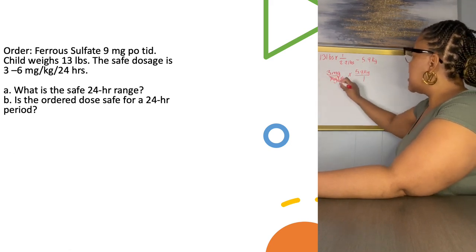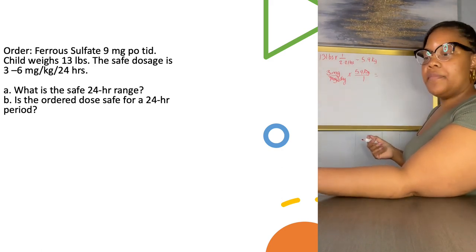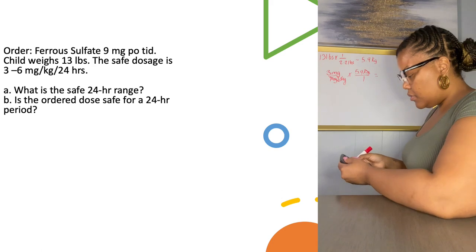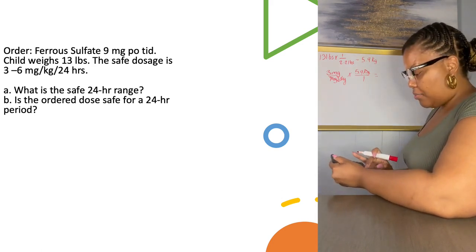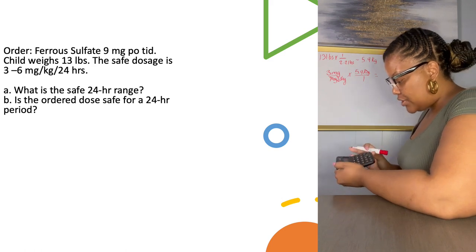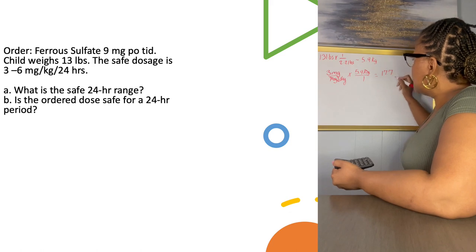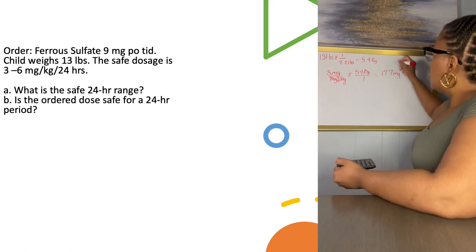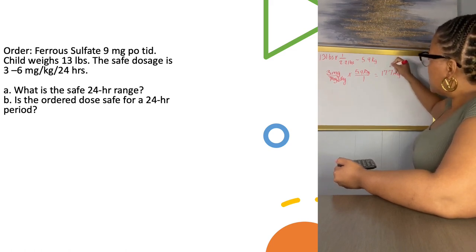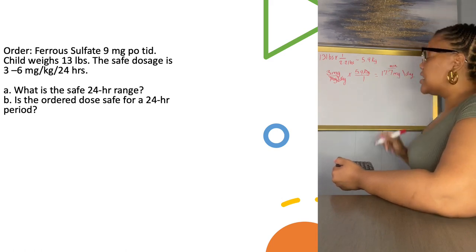So our kgs cancel out, and we're just left with milligrams per day. So we're going to do 3 times 5.9, which is going to give us 17.7 milligrams a day. All right, so this is the lowest amount. This is the minimum that child can receive of this medication.